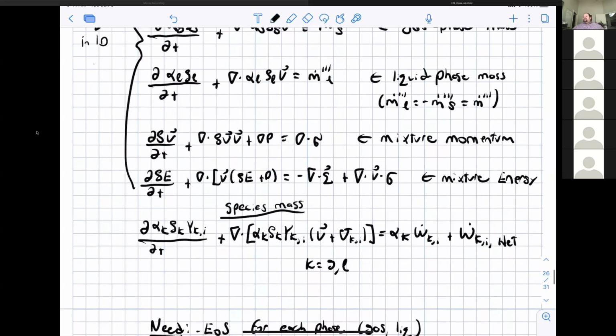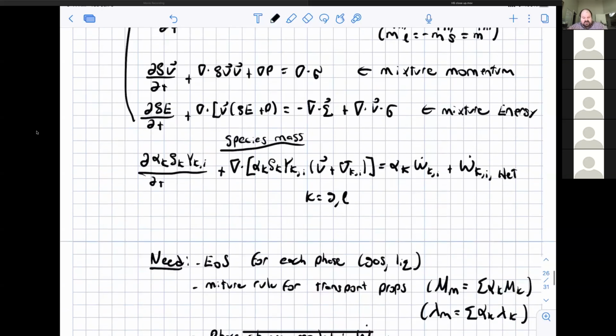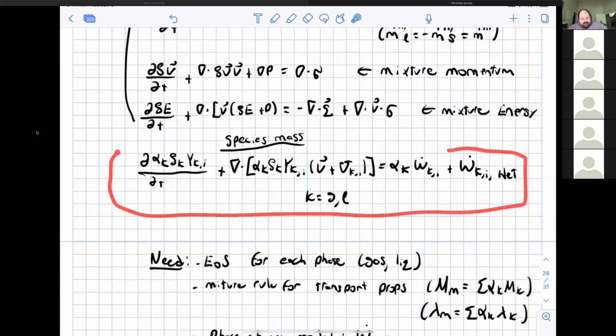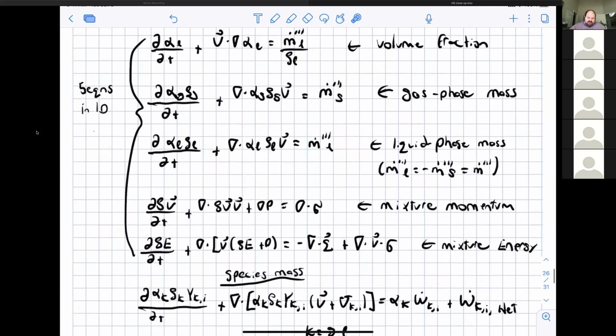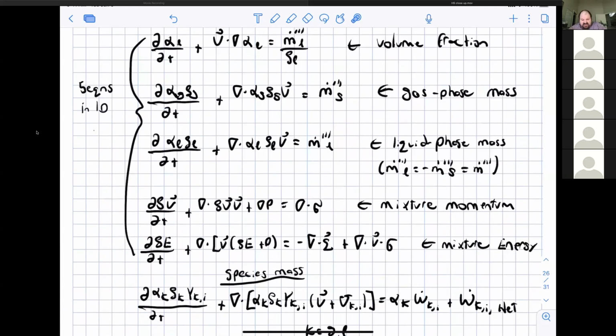Then, if you have combustion, you also have species mass that you need to augment here. And those are unchanged from what I scribbled down earlier. Okay, but if you solve these equations together with a phase change model and a chemical reaction model, you now have a reacting flow for a multi-phase mixture.